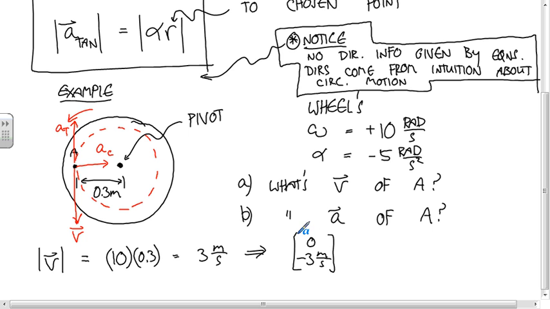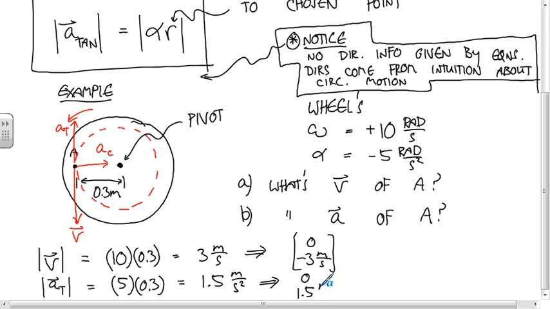And then for the tangential acceleration, that's equal to the absolute value of -5 times 0.3. That's the same thing as 5 times 0.3. So you get 1.5 meters per second squared. And so what are the components of the tangential acceleration? Yep, 0, positive 1.5 meters per second squared.